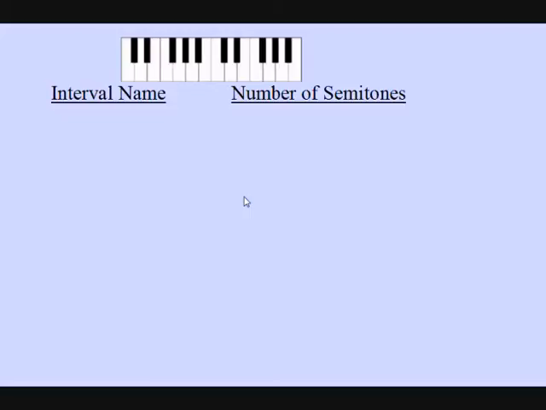Consider that we need to measure the distance between the two notes. The violin is playing D, this one here, and the flute is also playing the same note. In that case, the distance between these two notes is 0. There is no semitone between them. That allows us to say that those two notes are creating a unison.